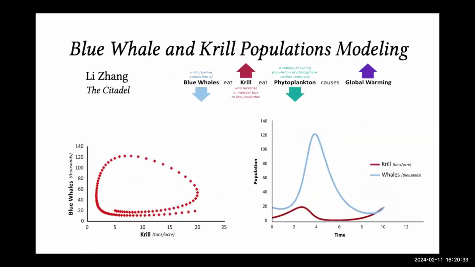Another population model is Blue Whale and Krill Populations Modeling by Li Zhang. Li Zhang's paper is about an undergraduate mathematical modeling course where predator-prey models are taught to students who are expected to use numerical and graphical methods to observe the qualitative long-term behavior of whale and krill populations.